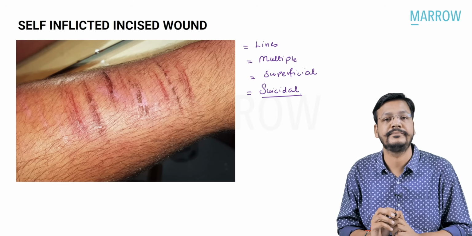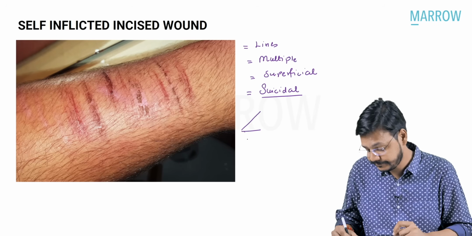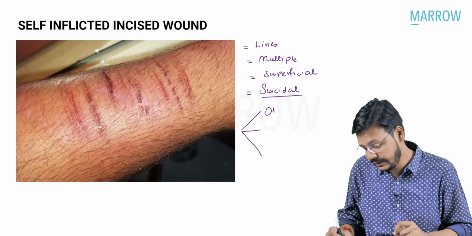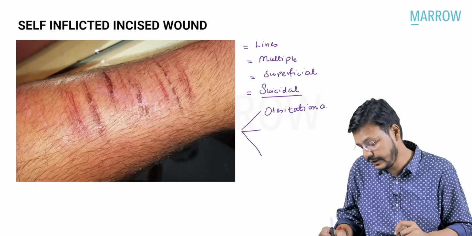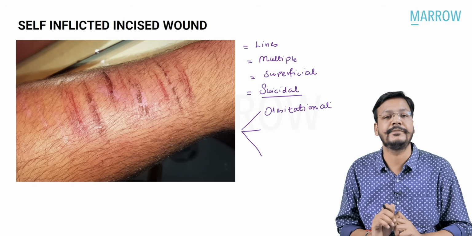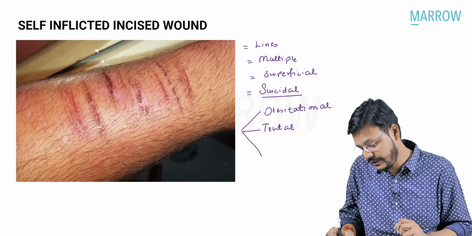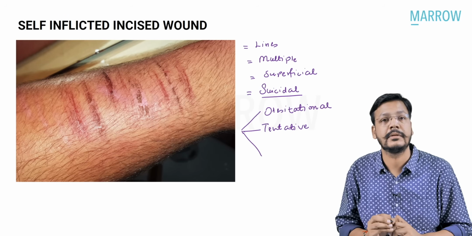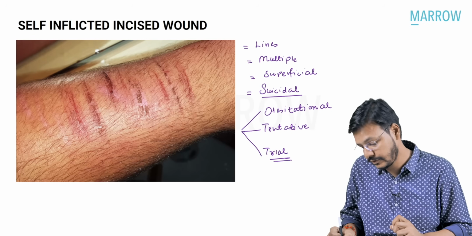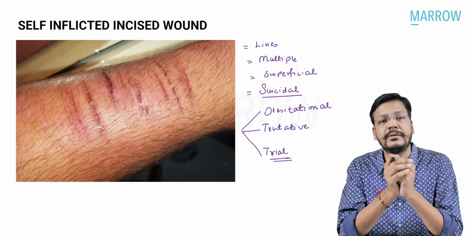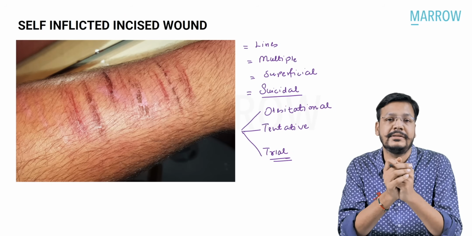We can give three names to these cuts. Number one is hesitational cut, because the person is hesitative. Number two is tentative cut. And number three, we can use the word trial cut. All are suicidal, multiple superficial injuries.